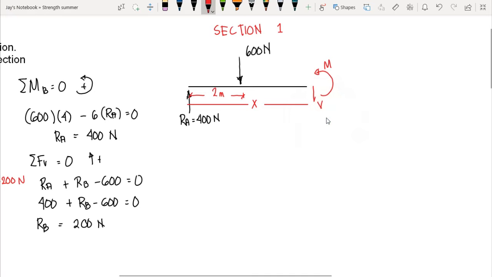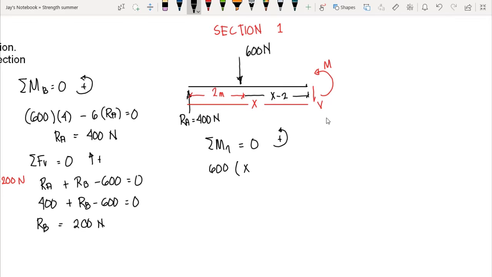So we can now create a moment equation, which is the sum of moments at section 1 equals 0, counterclockwise positive. We have 600 Newton times the moment arm from section 1, which is x minus 2.